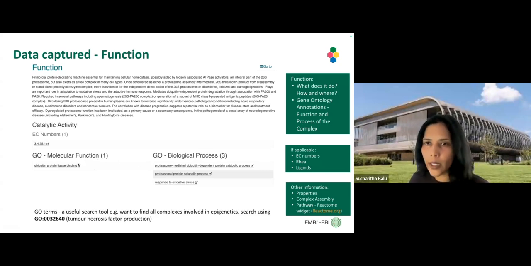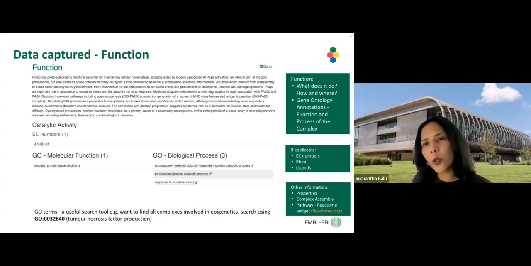And clicking on these links will take you to the QuickGO website where this is described in more detail. And if components of the complex have an enzymatic role, then you will see Rhea identifiers here or EC numbers, which if you click on this, it will take you to the ExPASy website.